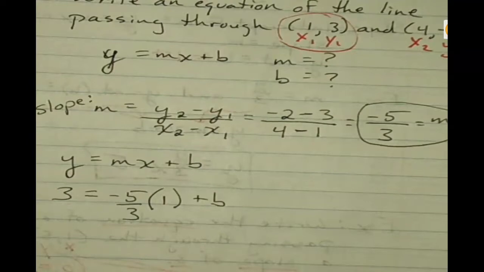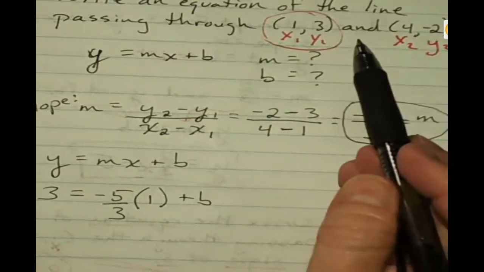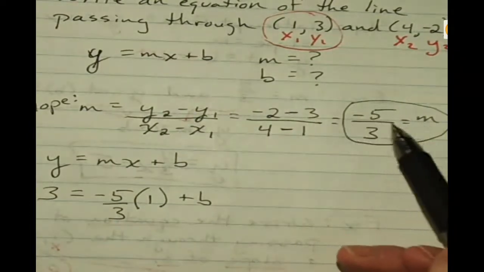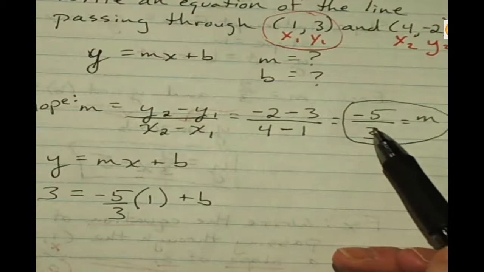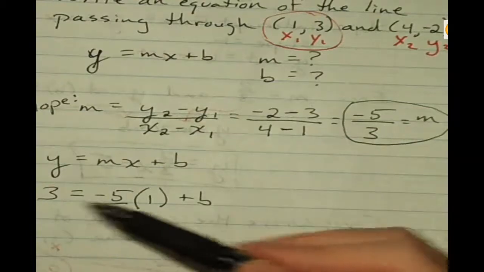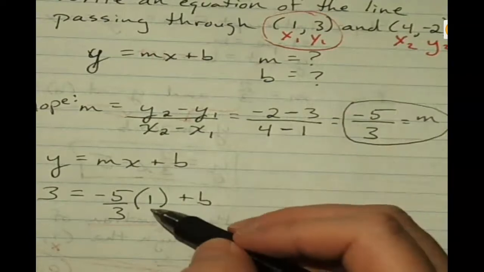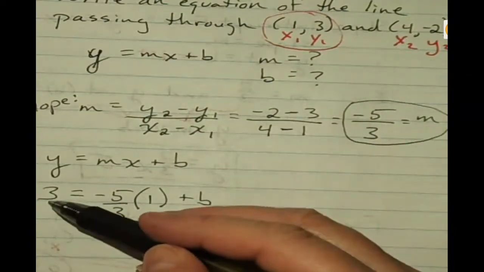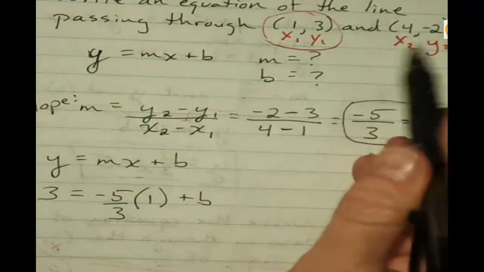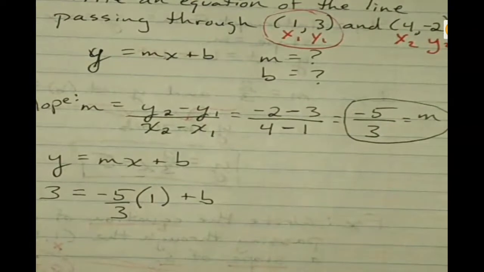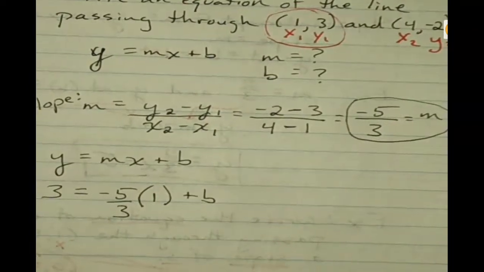Michaela, do you understand? Okay, so they gave us 2 points. I use this formula to find the slope. So you can use either point then? Yes. You could have put 4 right here and -2 right here. But you got to be consistent. You either use this one or this one to set. Good question. Anyone else have a question?